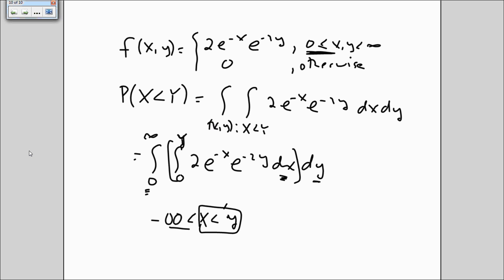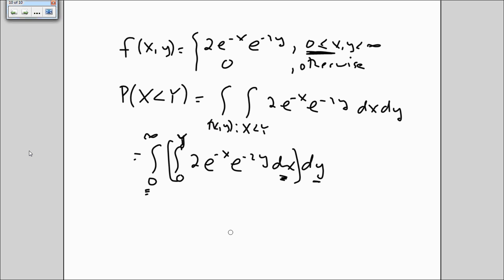Okay. Now, never ever when it comes to integrals, worry about endpoints. Don't say, wait a minute, something's wrong here, because if x is in between 0 and y, and you do include the endpoints, then you have that x equals y. Don't worry about that. You never have to worry about whether you include endpoints or not.